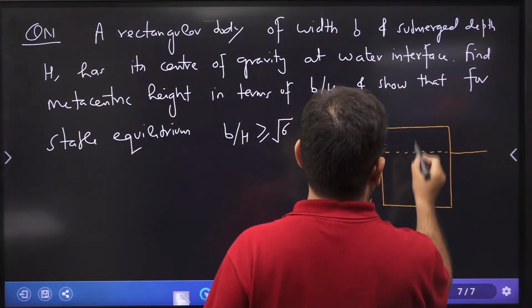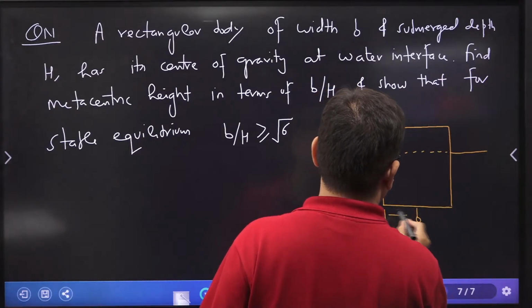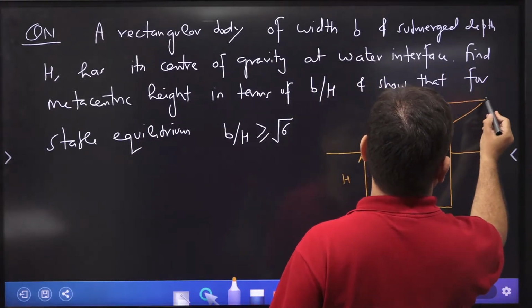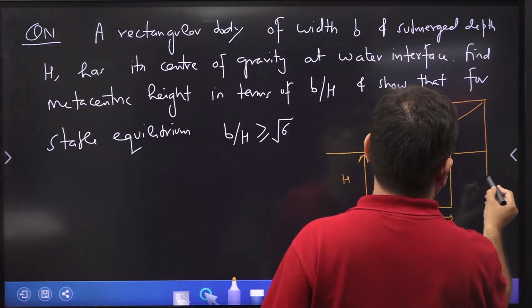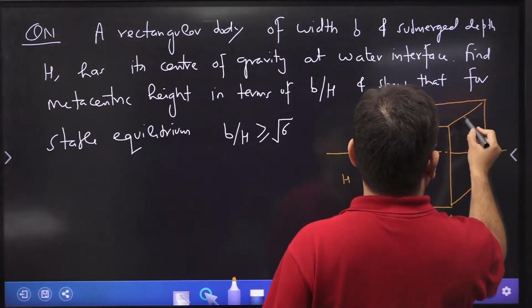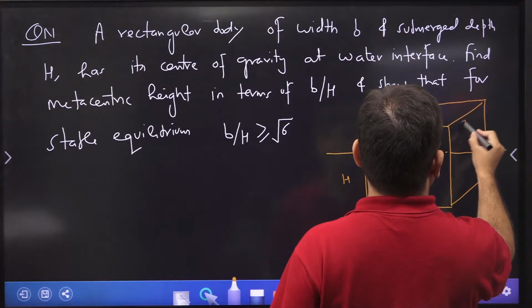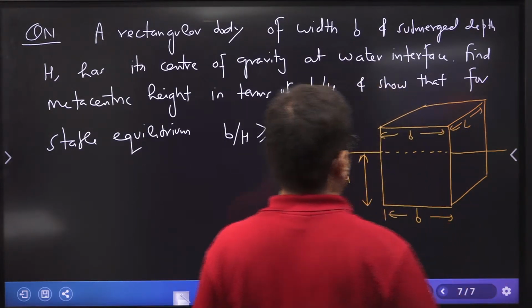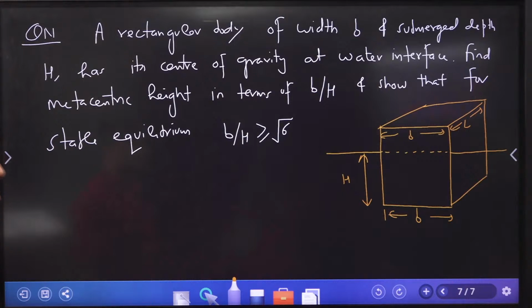Now width is given to us as b, that is the meaning of width. Length is not given to us. We are not bothered about the length of the body. Let's say this length is L and this width is b. That is how the body is.